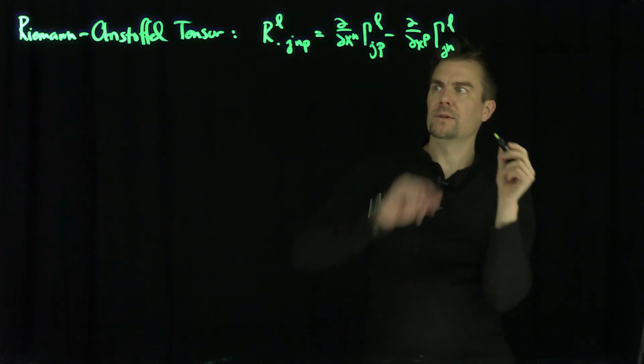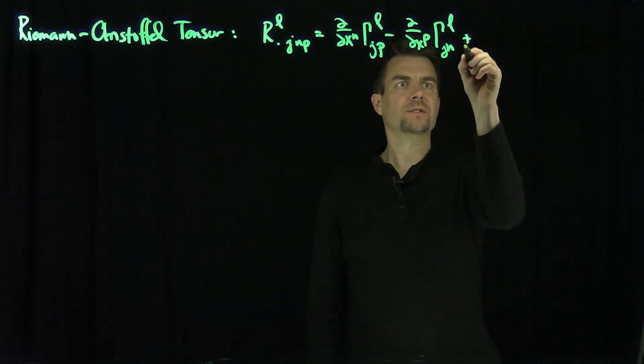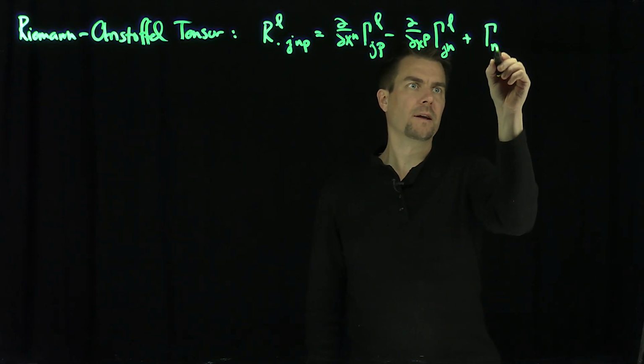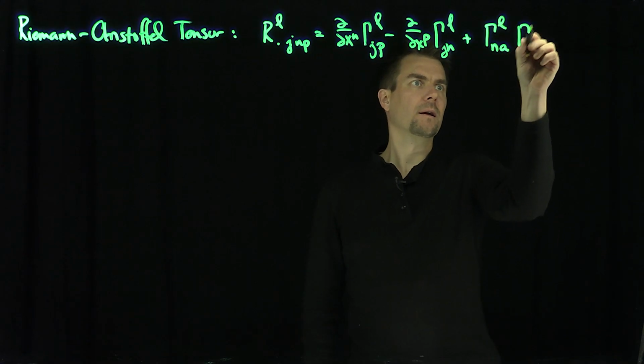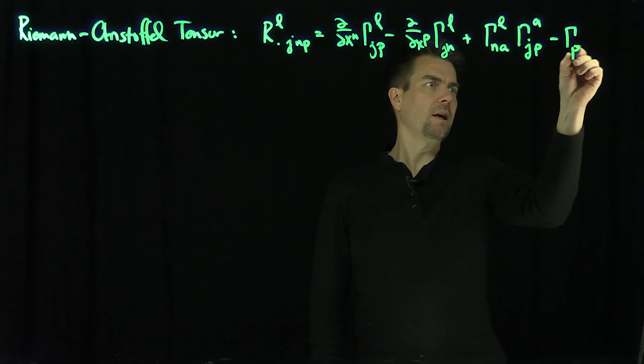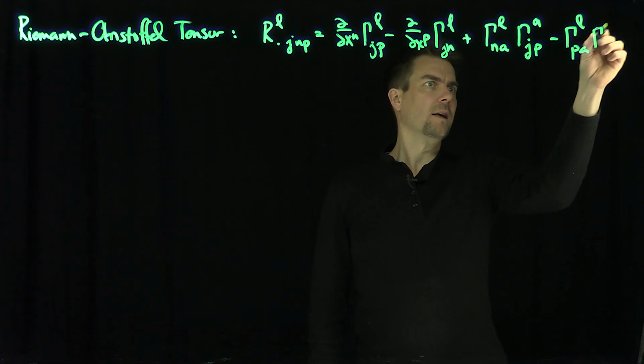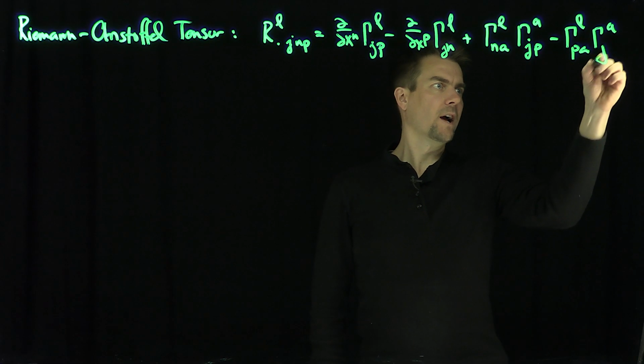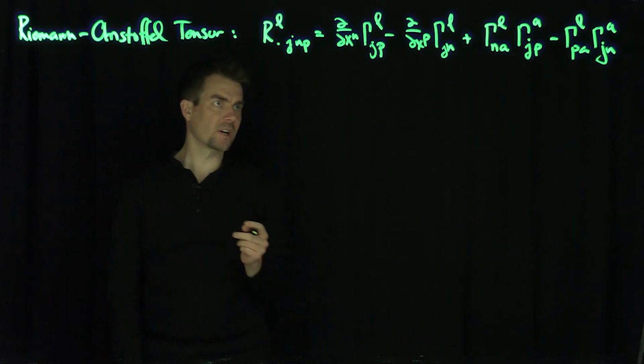Again, the order doesn't matter, so I can flip them. And then plus Γ^A_{NL}... Γ^A_{JP}, minus Γ^A_{PL} Γ^A_{JN}, like that. That's my Riemann-Christoffel tensor.